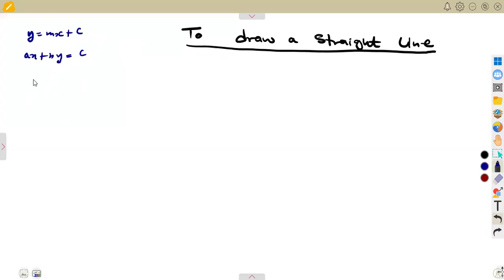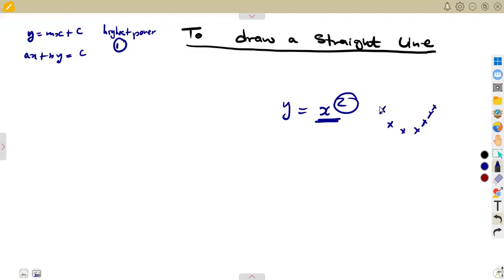As long as the highest power that you're given on x is 1. Y is equal to x squared is something else. The highest power is now a 2. It's no longer a straight line. Once you join the points by just having the points on your graph, they are not going to produce a straight line. They are going to produce something else.